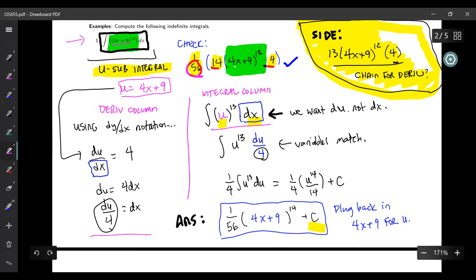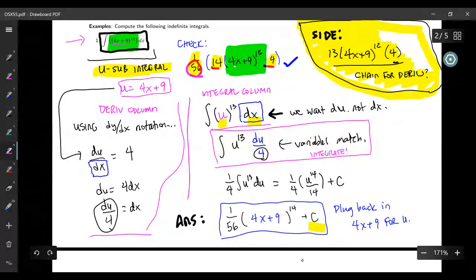You can do that by looking at the derivative of the U component. And then once you have your variables matching, you are now allowed to integrate. Until then, if you have a mix of x's and u's, you have to keep simplifying.